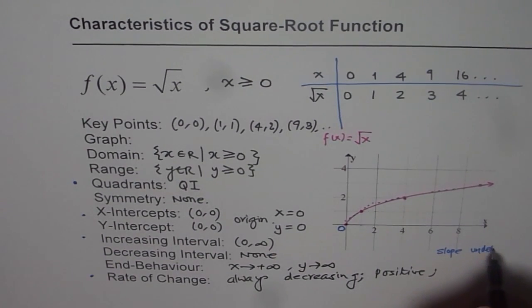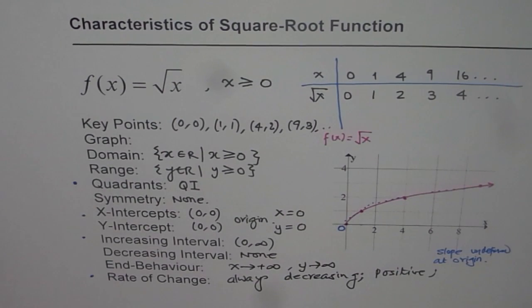That is the rate of change at origin, right? So that could be another interesting thing to compare with other functions, right? Now, it's kind of a vertex point for the square root function, right?